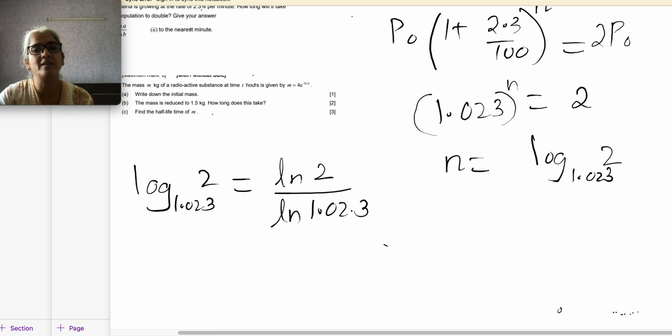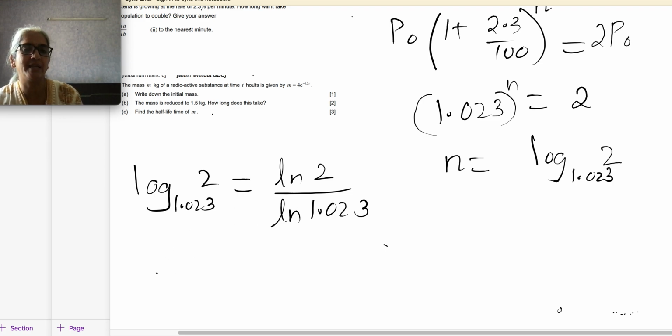This is what the change of base will result in. The base has been changed to e, the Euler's number, and that's why I have rewritten it as ln of 2 over ln of 1.023, which means natural log, correct? That's a function in your calculator, same as log to the base 10. You also have ln on your calculator.